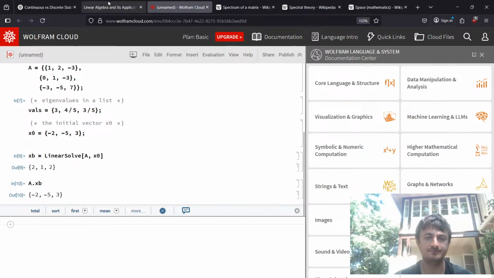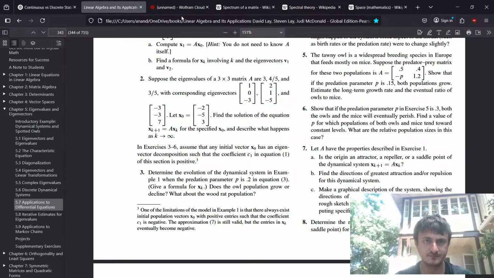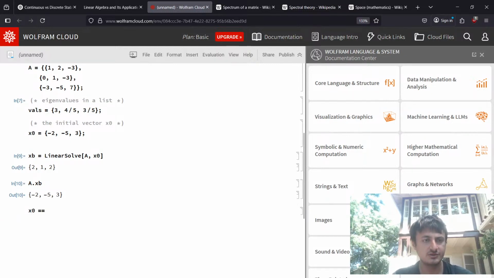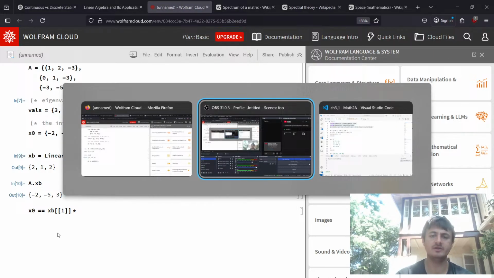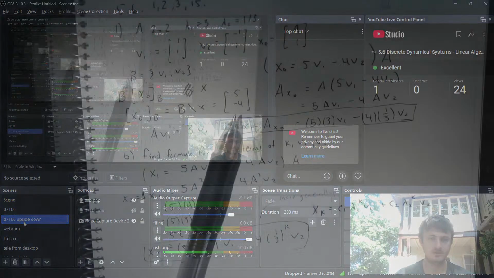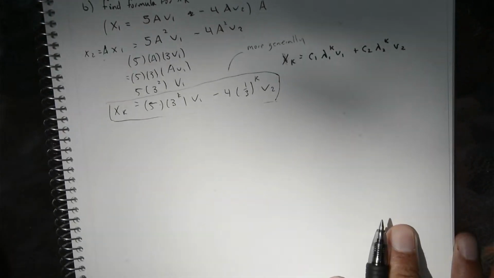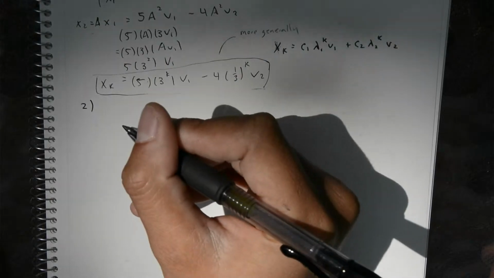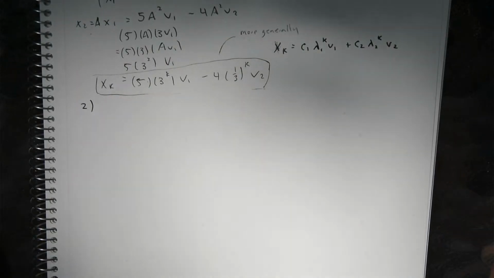Okay, so now that we've written x0 equal to, you know, like xb1 times, anyway, now we can just do our normal thing. So this is going to be problem 2. In problem 2, I'm not even going to write out the whole matrix.